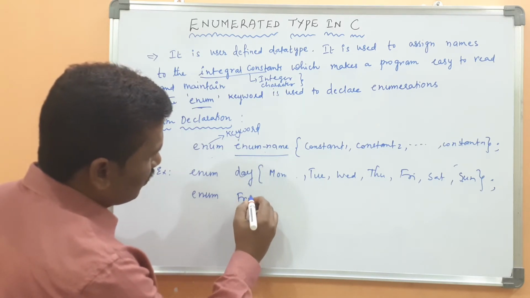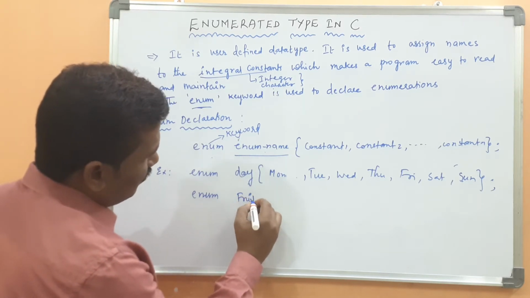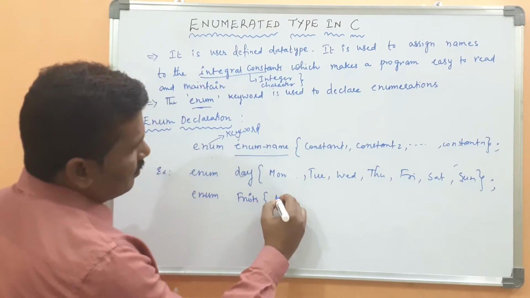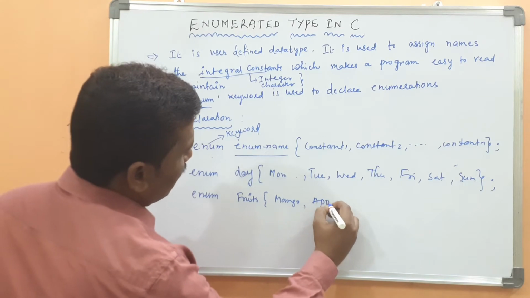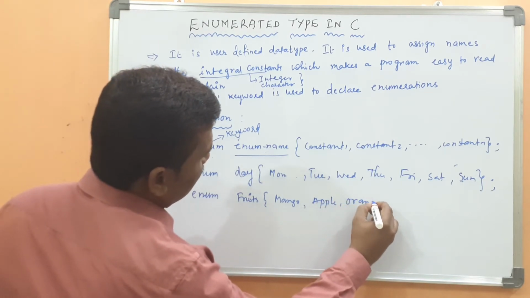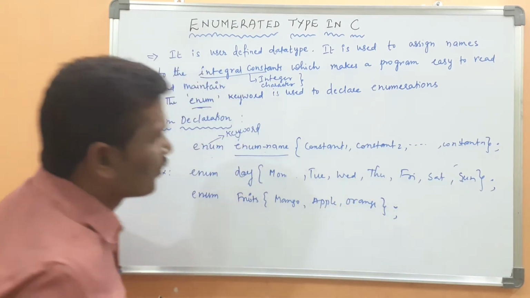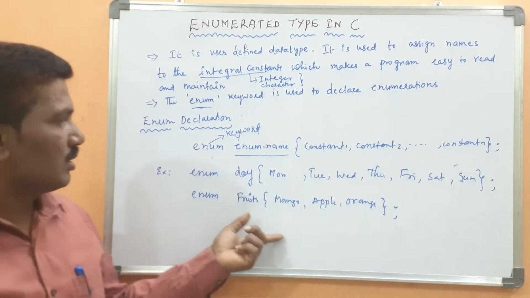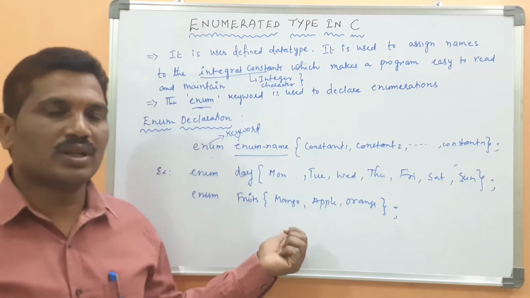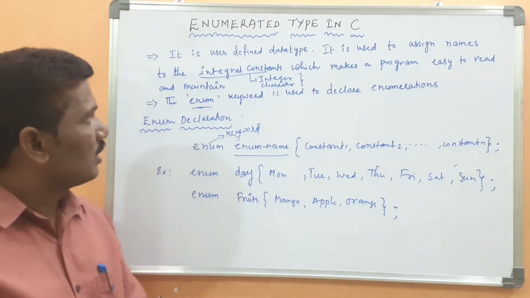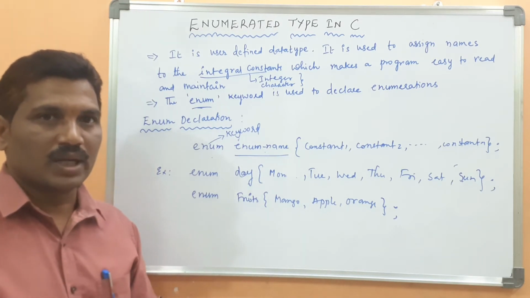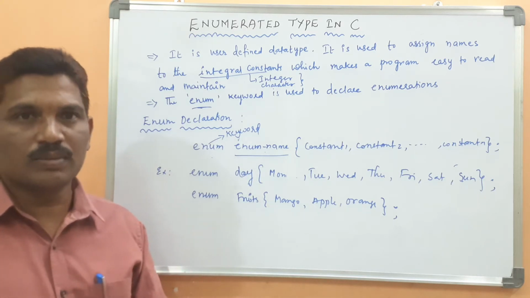Suppose fruits: mango, apple, orange, like that. Any example you are going to give here. But why do we use the enumerated type in C programming? While explaining the program, I will tell you.